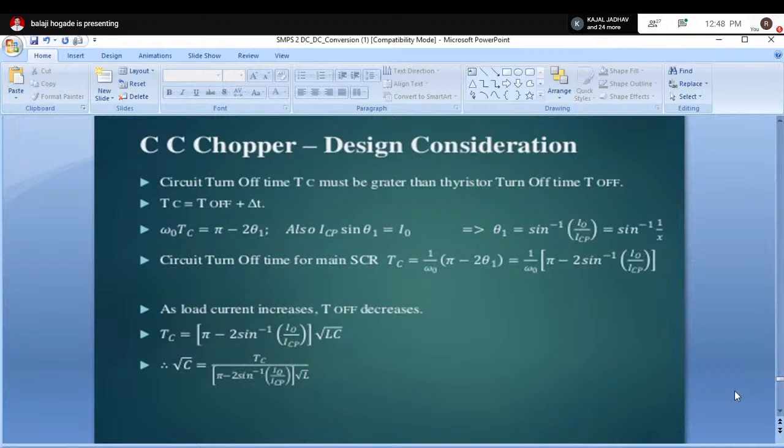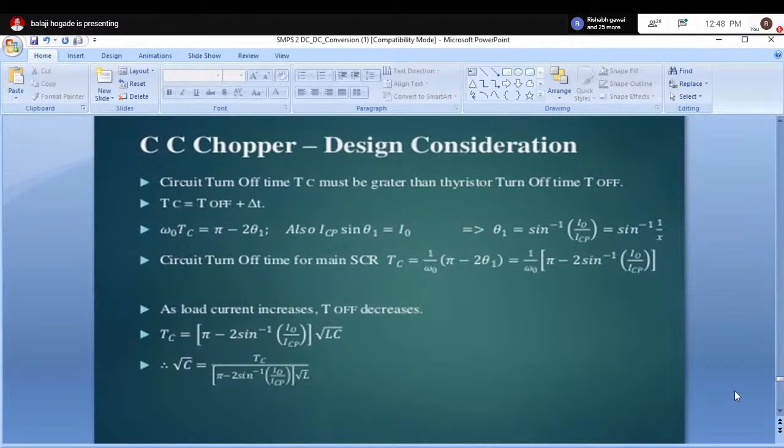If it does not turn off where it is supposed to turn off, then the purpose is not solved. You have to maintain the turn off time of the circuit. Circuit turn off time depends on the LC components being used, and that should be greater than the SCR turn off time. The SCR turn off time is given in the data sheet, some 5 microseconds, 10 microseconds, depending on the type of the SCR.